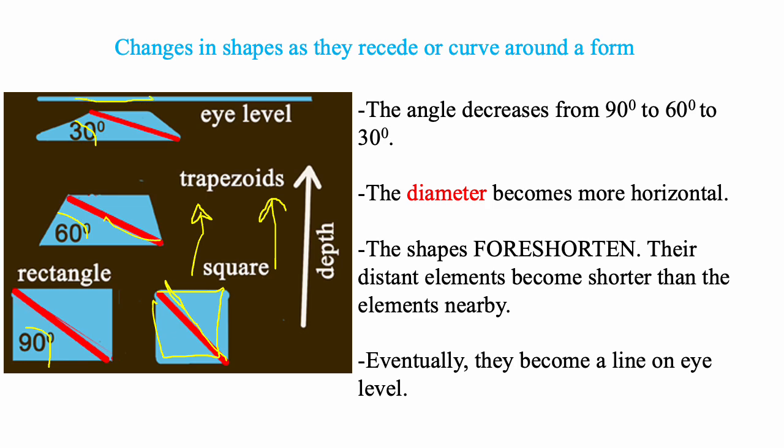And importantly, these shapes foreshorten, meaning the shape changes so that this distant portion of this trapezoid is shorter than this portion. And in the distance here, this trapezoid has a much shorter distant element than its element in front.